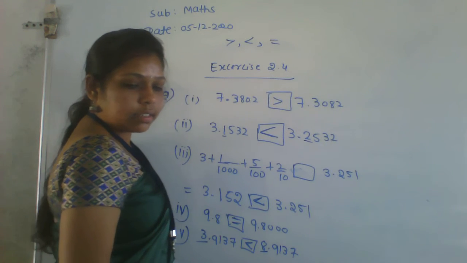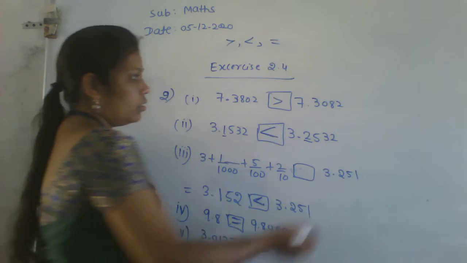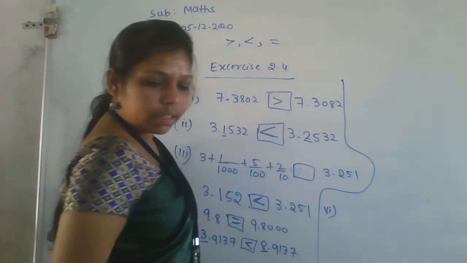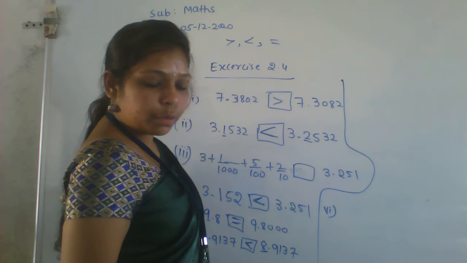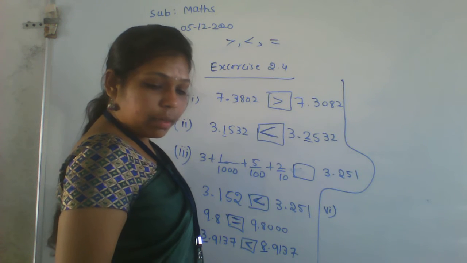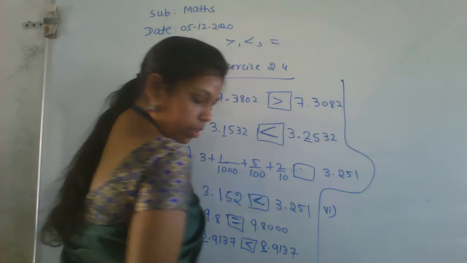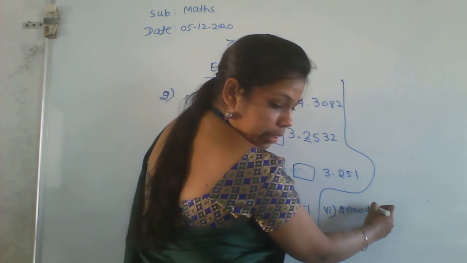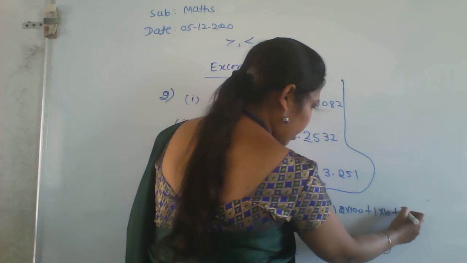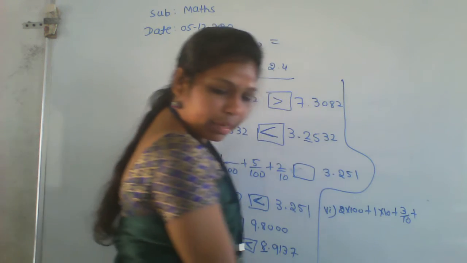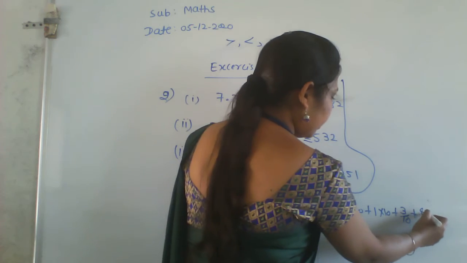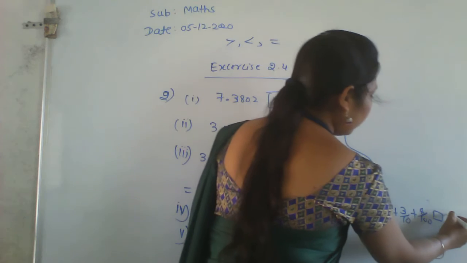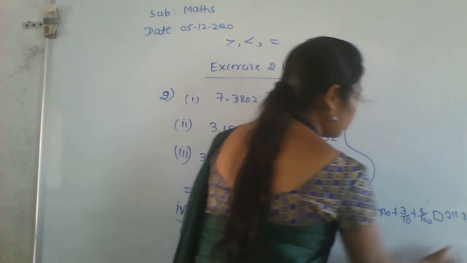Next, last, sixth one. I'll write the direct answer here. 2 into 100 is 200 plus 10. Wait, I'll write all the problem, otherwise you'll get confused. 3 by 10 means 8 by 100. And after that, they gave 211.38.